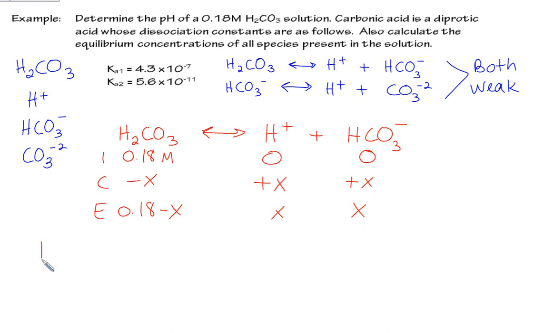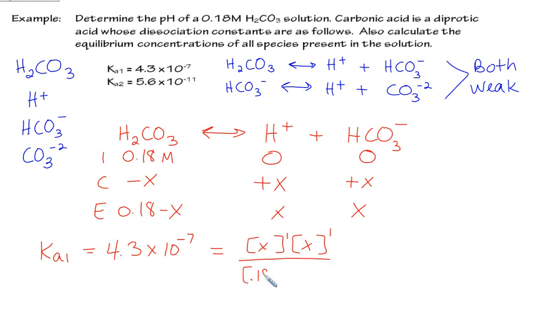I have Ka1. Ka1 is 4.3 times 10 to the negative 7. Small. That equals x to the first, x to the first, all over 0.18 minus x to the first.